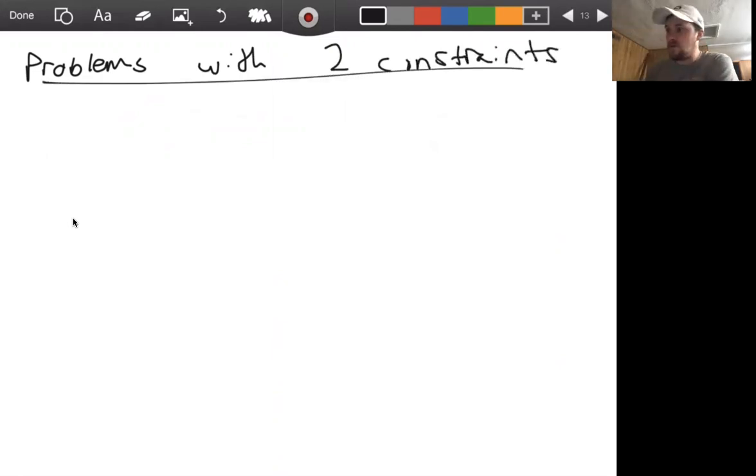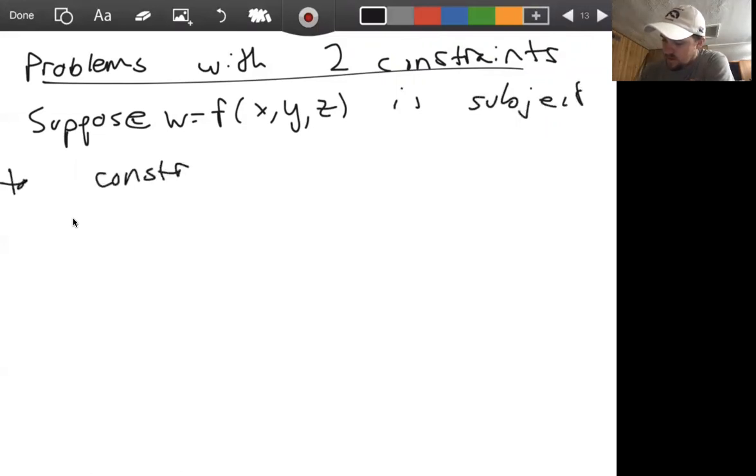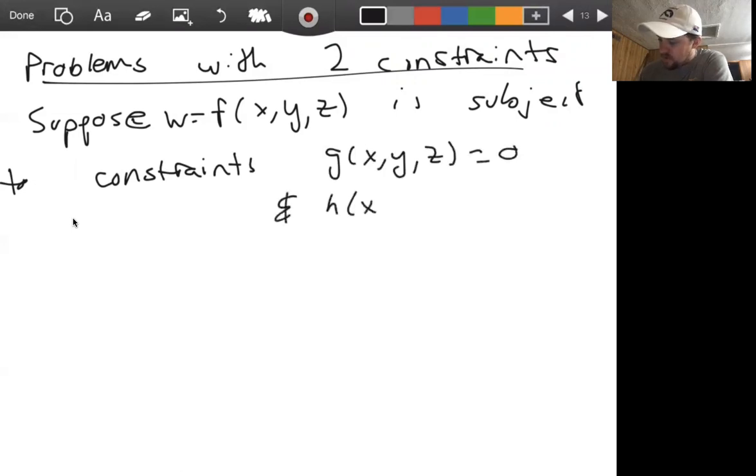If we have problems with 2 constraints, so we're going to suppose, or let's say w equals f of x, y, z is subject to constraints g of x, y, z equals 0 and h of x, y, z equals 0.